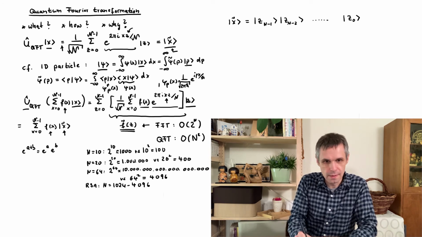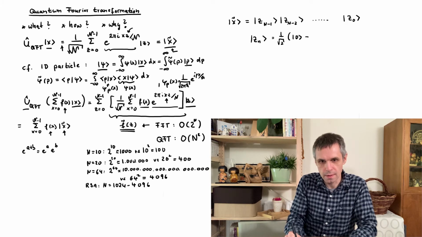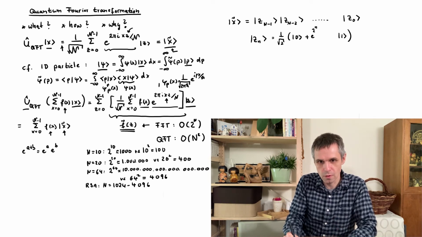And these are of the following specific form. The state Z_n is a superposition between the states 0 and 1 with a factor which is related to the factors that we encounter in the discrete Fourier transform, namely this factor here.